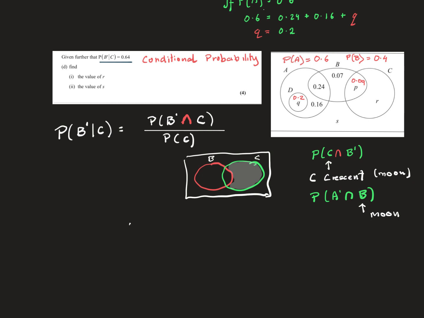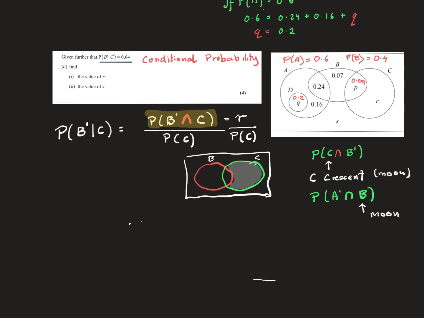So in our case, you can see that this numerator up here is in reality the moon of C, which is in our case R. So what is the value of the probability of B complement given C? We're given that it is 0.64.